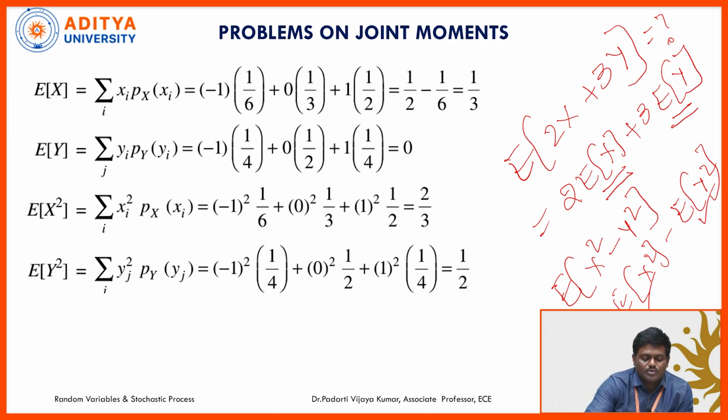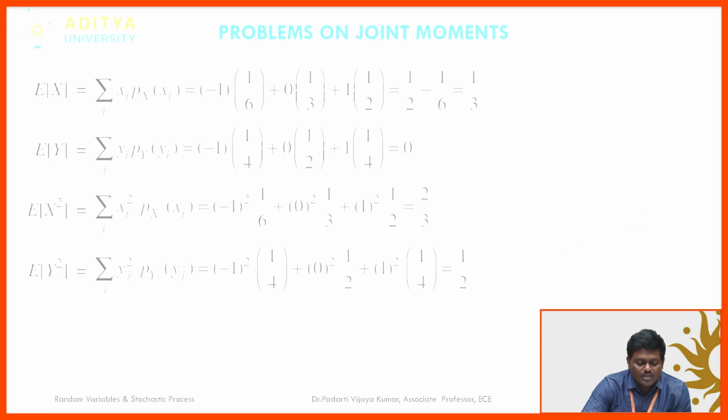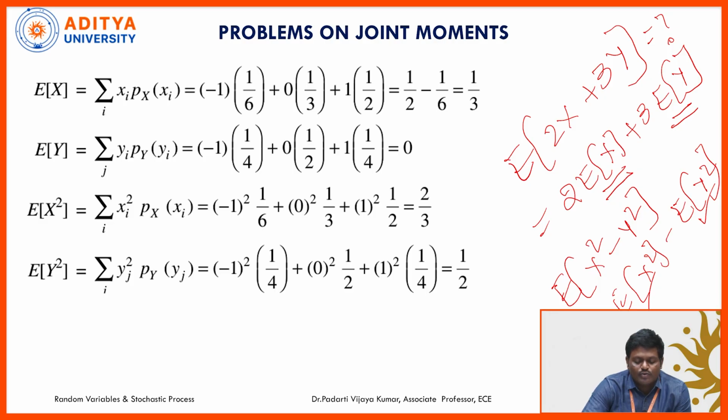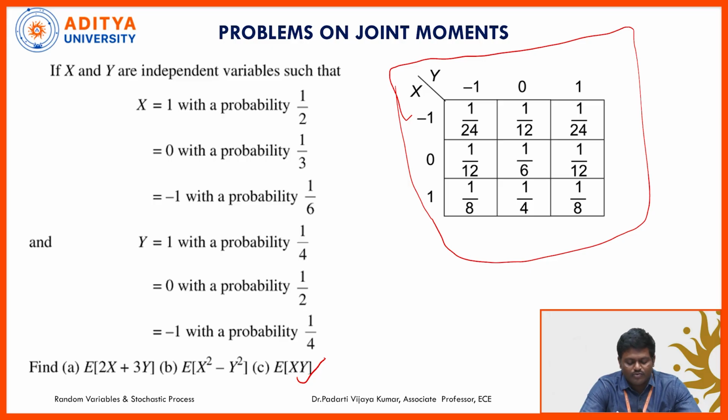For expectation of x, the discrete version is xi into p of xi. See here the combinations: x is equal to 1, probability 1 by 2; 0, 1 by 3; minus 1, 1 by 6. So, minus 1 into 1 by 6, 0 into 1 by 3, 1 into 1 by 2. Solving this, we get expectation of x as 1 by 3. Similarly, for expectation of y, the combinations are minus 1, 1 by 4; 0, 1 by 2; 1, 1 by 4.